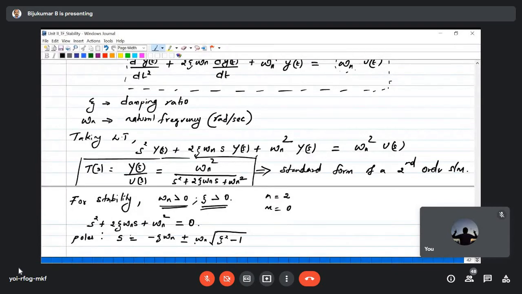So we have two poles, one at minus zeta omega n plus omega n into root of zeta square minus 1. The other pole is minus zeta omega n minus omega n into root of zeta square minus 1. Keep this in mind. So the location of the poles depends upon the two parameters zeta and omega n.